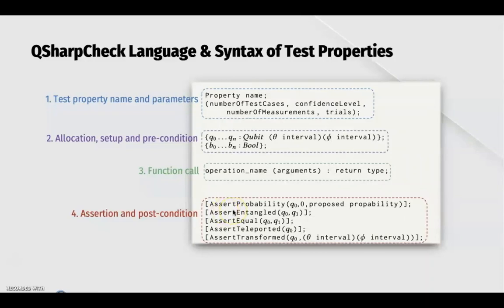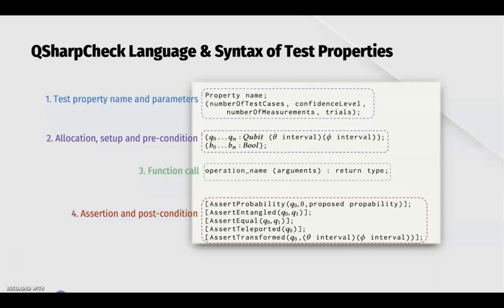Another assertion method is assert entangled, which takes two qubits as its arguments to test whether or not they are entangled. Set equal takes two qubits as its arguments to compare their states and to check if they are identical or not. Assert teleported is created specifically to test quantum teleportation, as it is a significant protocol in the quantum realm.